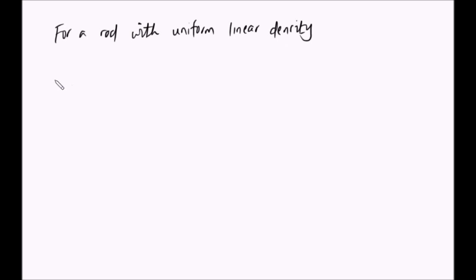So we have seen that for a rod of length L, the total mass is the integral of rho times dx from 0 to L. Then the first moment we got is this. Now listen carefully. If I say uniform linear density, it means linear density is constant, so the words uniform and constant can be used interchangeably.